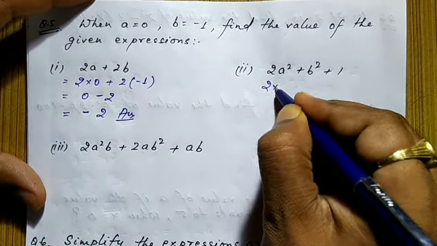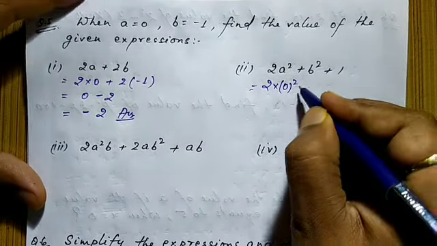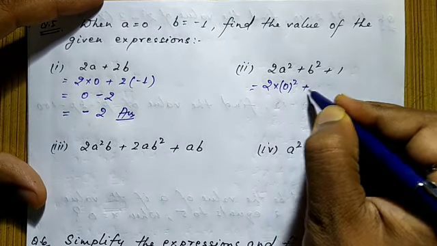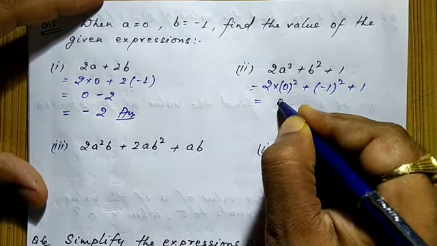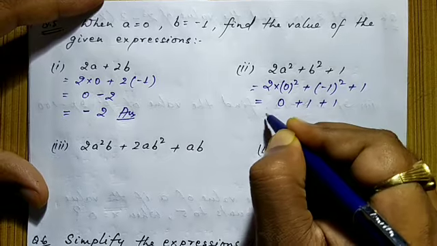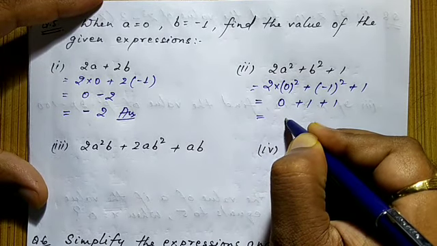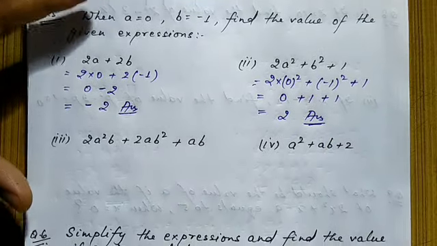Here a is equal to 0, 0 whole square, 0 square is 0, plus minus 1 whole square plus 1, 2 into 0, 0, minus 1 whole square plus 1 plus 1, this will become plus 2. Okay, so the answer is plus 2.